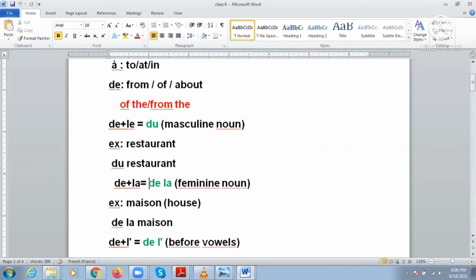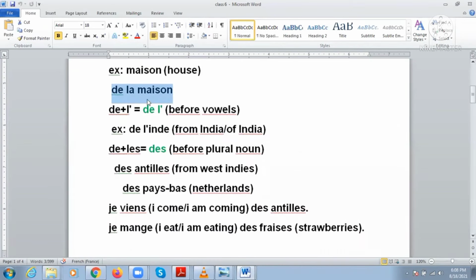Next is de la, like of the house, from the house, de la maison. Then de l' apostrophe, like from India, of India, de l'Inde. Okay. Des is before plural ones. So des Antilles. Antilles is a plural country, West Indies.